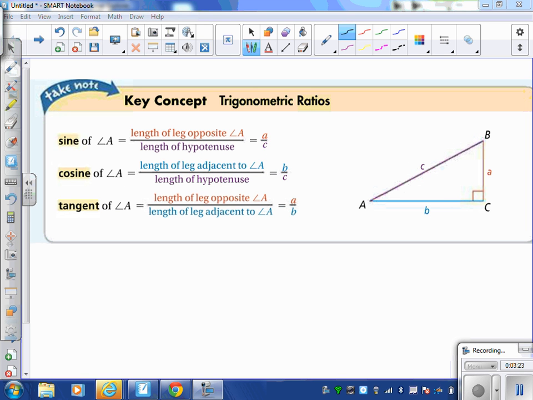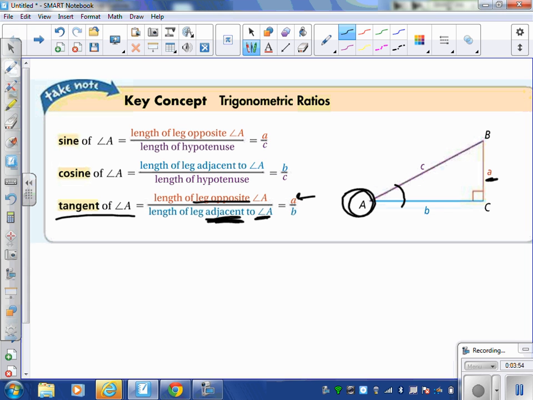Let's take a look at tangent of angle A. Again, starting with angle A, right there. The tangent of angle A is the leg opposite angle A. Opposite of angle A is side A, which would be going on top, over the length of the leg adjacent to angle A. What's adjacent?